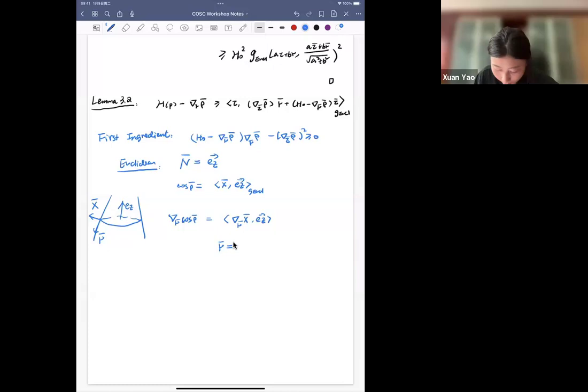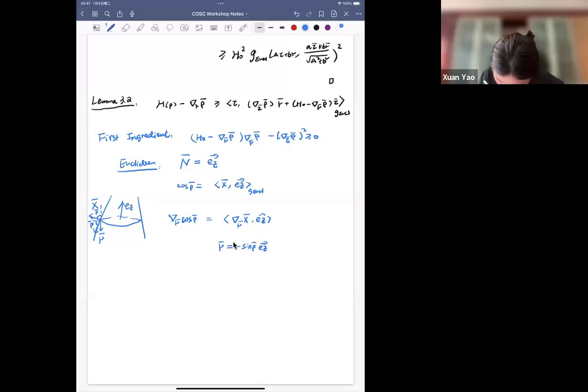So your nu bar is actually minus sine rho bar EZ, and also, let's see, this is rho bar.